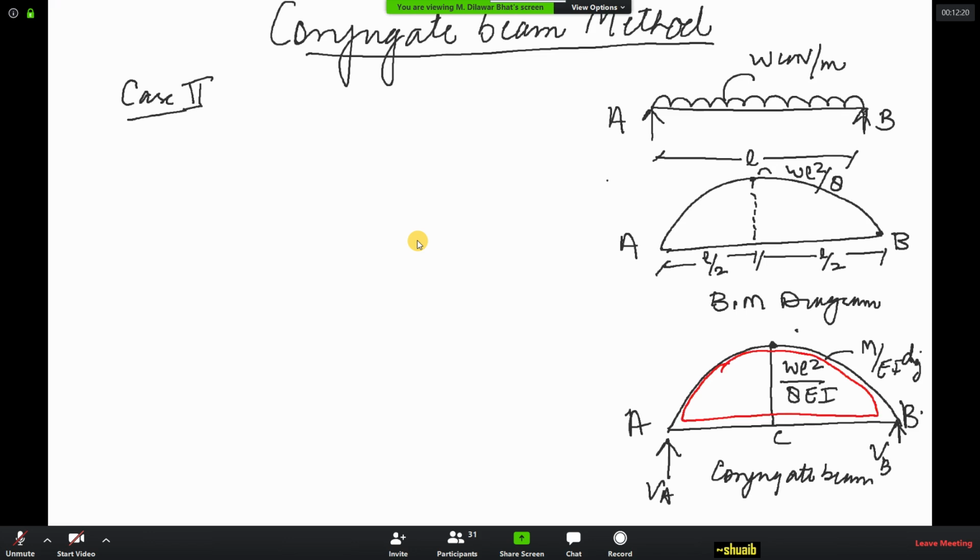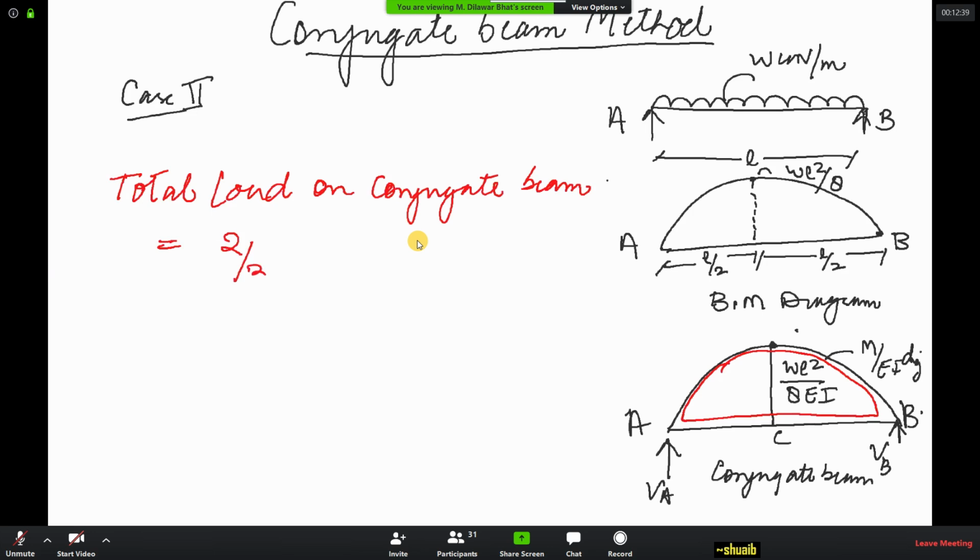Now, in order to calculate the total load on the conjugate beam, it will be equal to 2 by 3 of the span L, times the height at this very point, WL square by 8EI. This will be equal to WL cube by 12 EI.